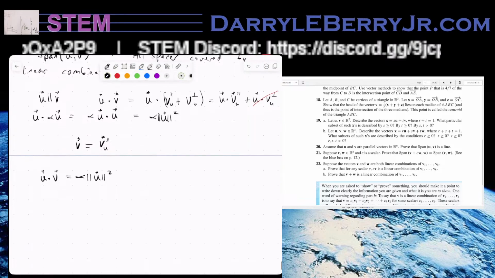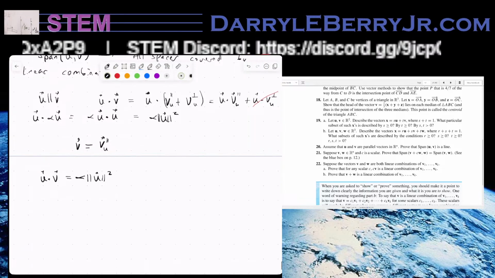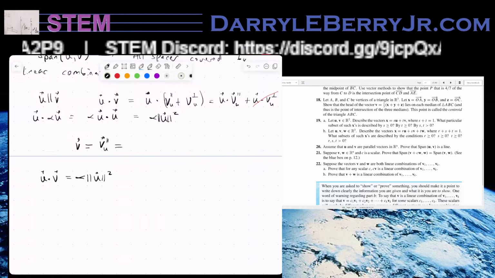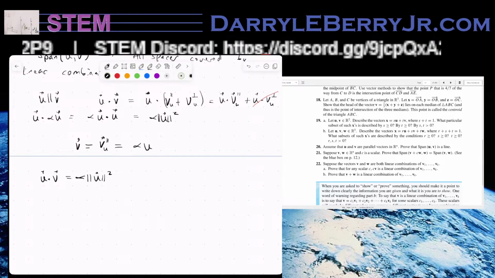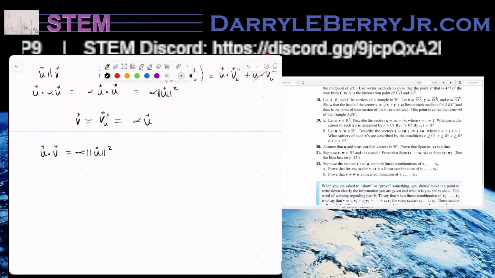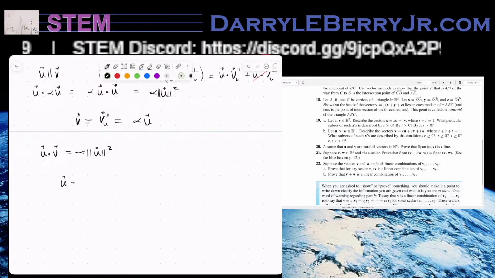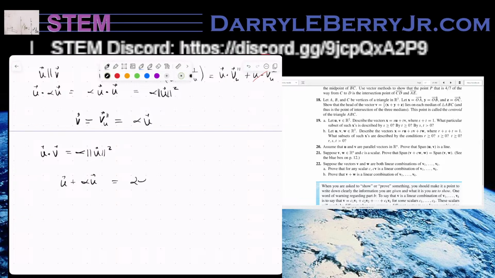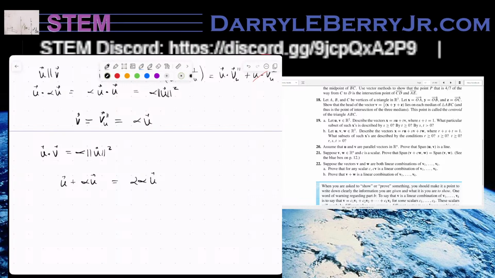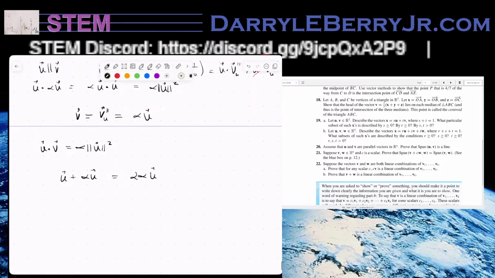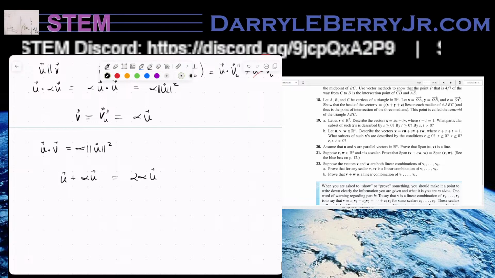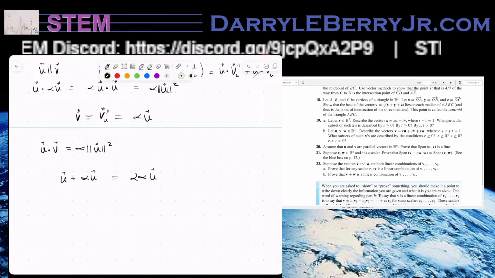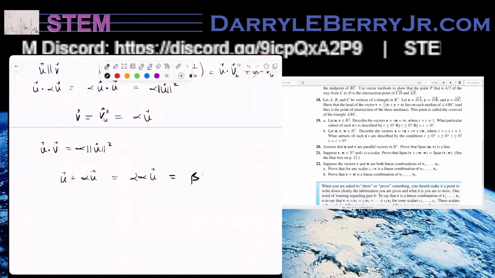And since v is parallel to u, that means that v equals some scalar of u. So that means that u plus some scalar of u equals 2 scalar u, which is still a line, which is the same line just scaled. And you can sort of absorb the 2 alpha into one scalar.